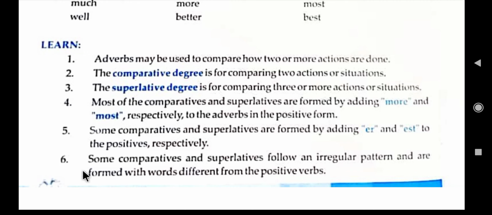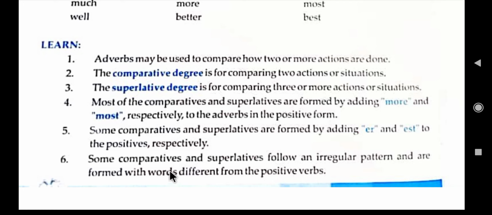Now next one is some comparatives and superlatives are formed by adding er and est to the positive respectively. So a few words don't use more and most as their comparative and superlative degree. The reason is that they do not end with ly. So like the word fast, we have faster, fastest. We use er and est for their comparative and superlative degree.